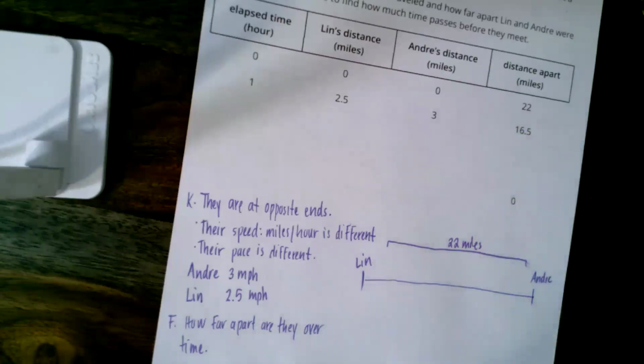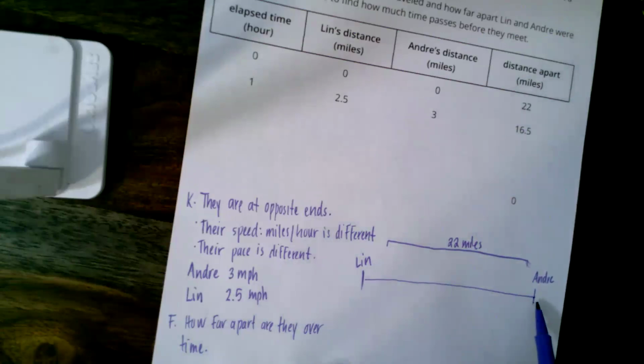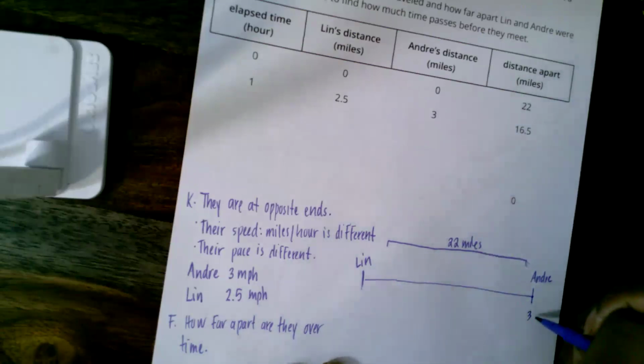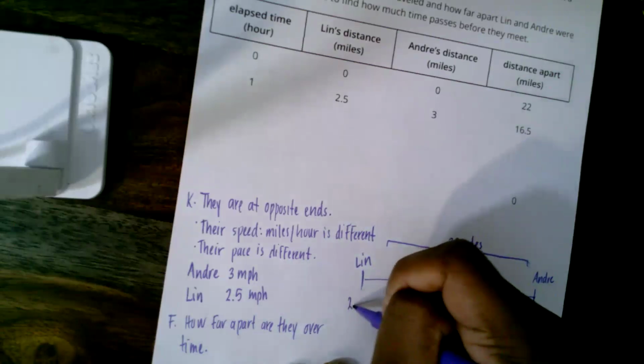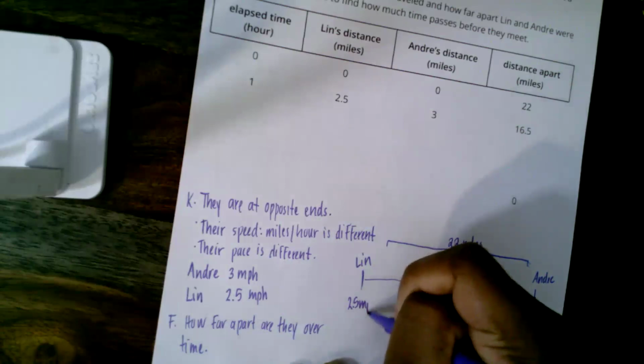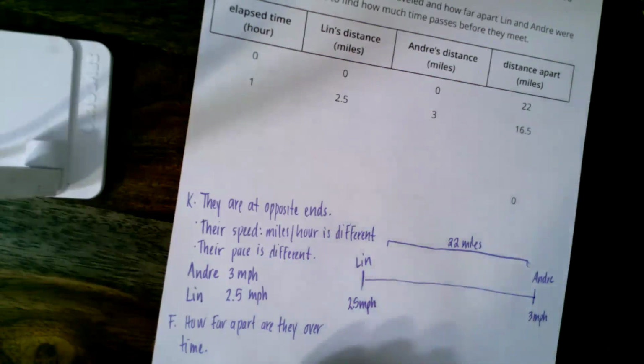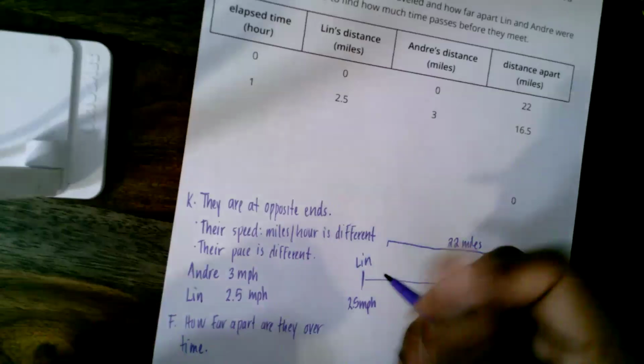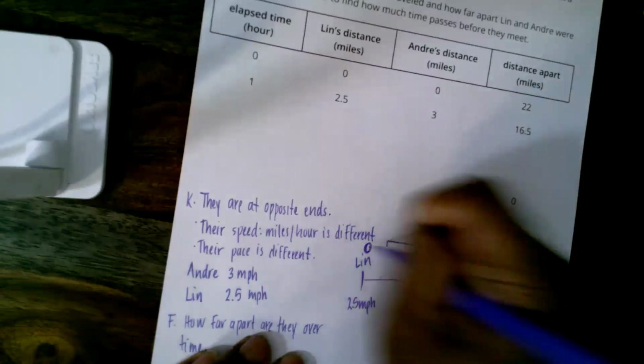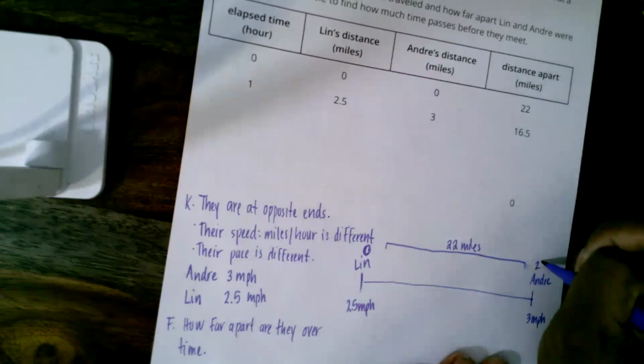Andre is going at a speed of 3 miles per hour. Lynn is going at a speed of 2.5 miles per hour. Also, it's good to note that if the distance is 22 miles, somebody is going to be at the 0 mile mark, somebody is going to be at the 22-mile mark.